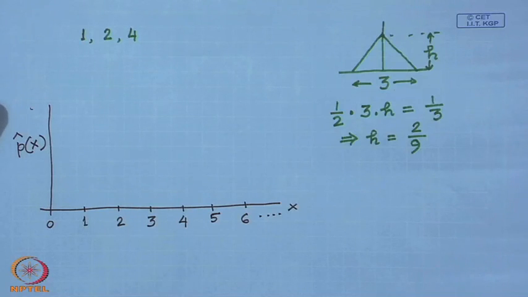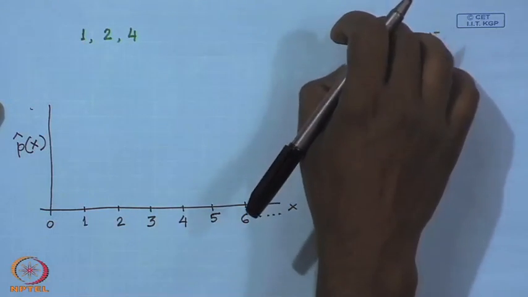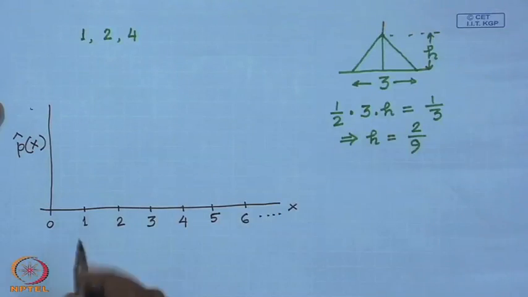So, I have to put one of these triangular windows at location x equal to 1, one window at location x equal to 2, and one window at location x equal to 4. So, let us place these windows.